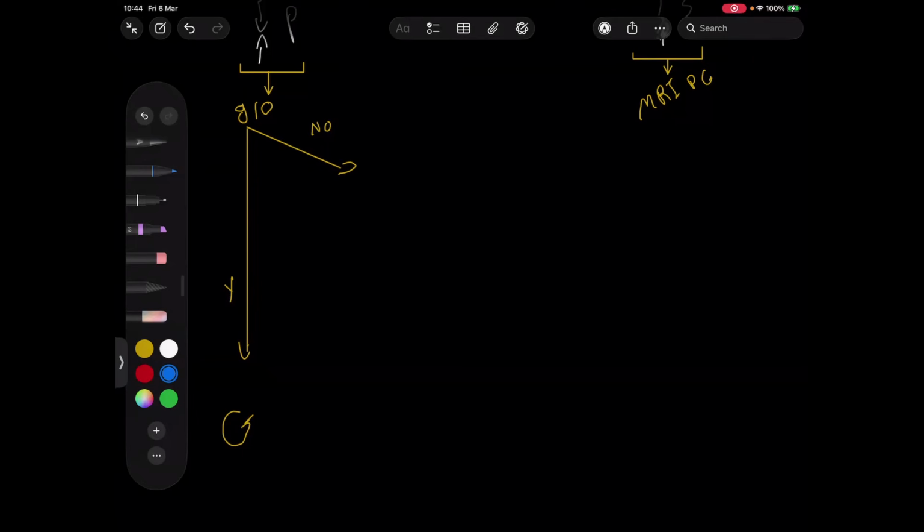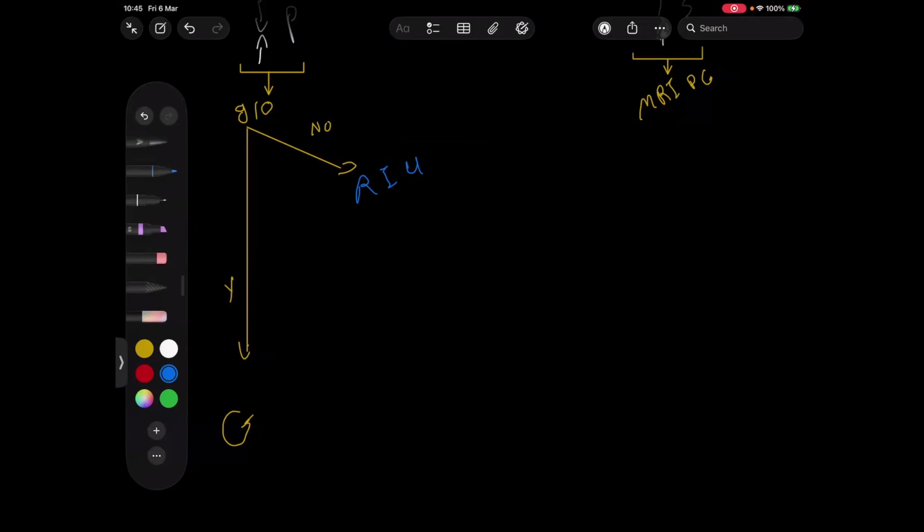Now you are trying to locate where the problem is. How are you going to do this? You're going to do Dr. Henry's favorite test: radioactive iodine uptake.